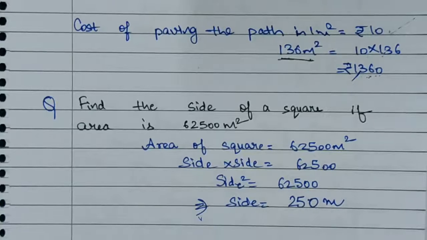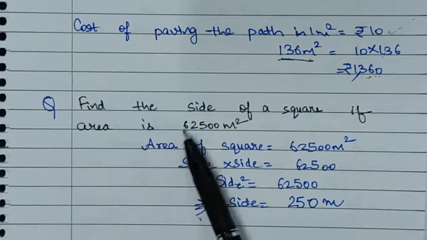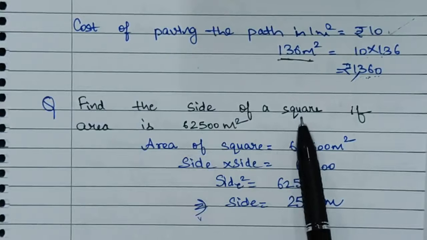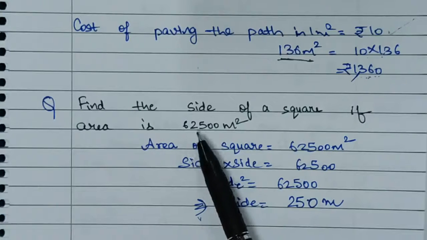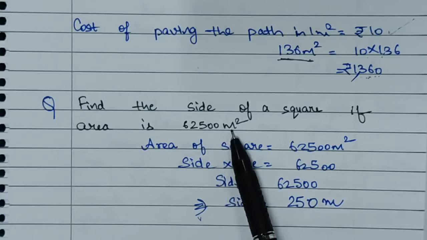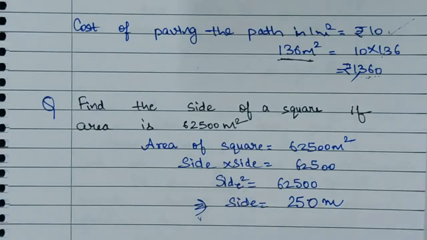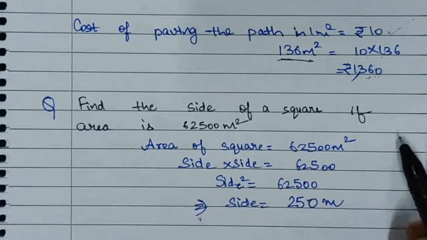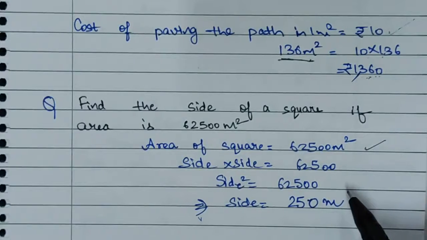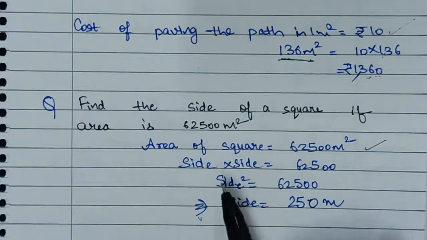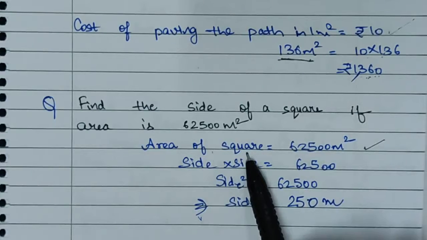Now next question is, find the side of a square if area is 62,500 meter square. Now area is given to us and we have to find the side. What is the formula of area of square?